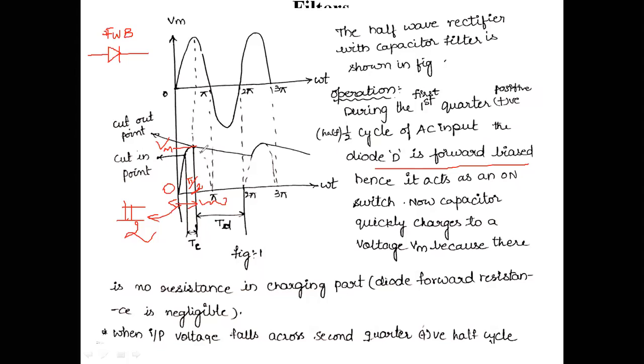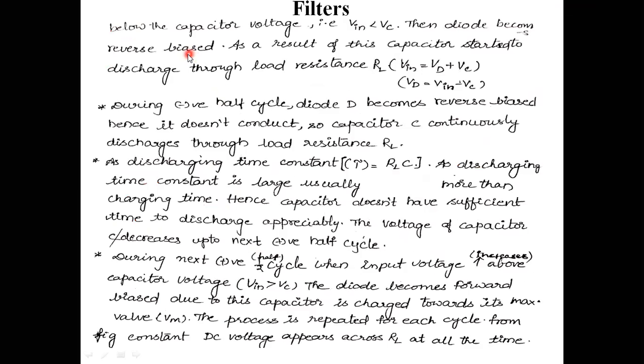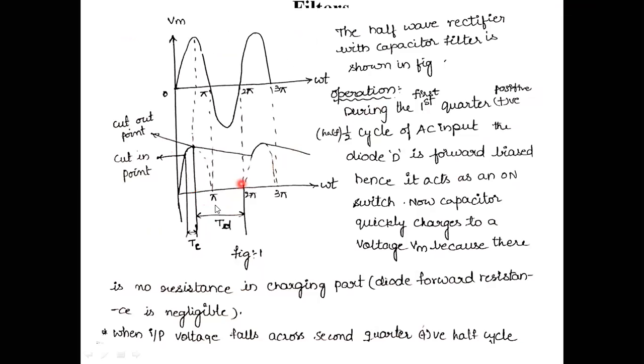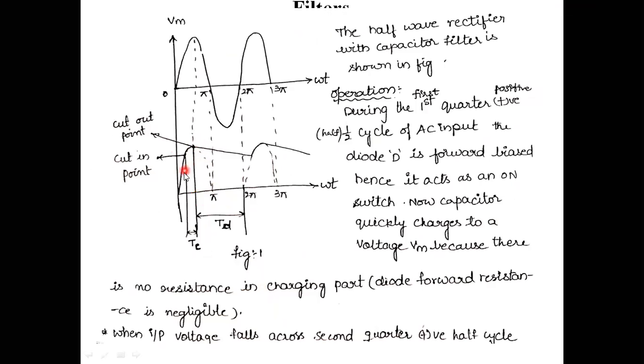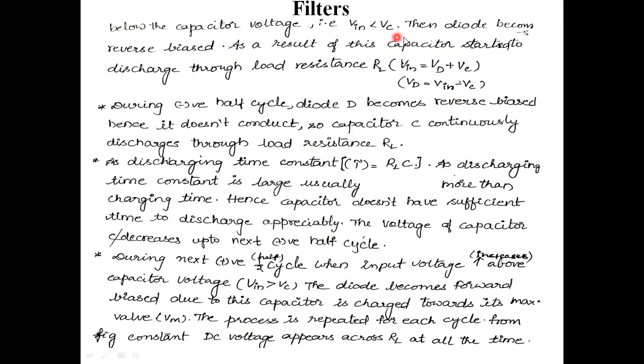When the input voltage falls in the second quarter of the positive half cycle below the capacitor voltage, that is Vin is less than Vc, then the diode becomes reverse biased.